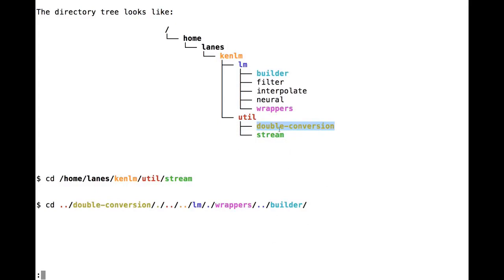The parent of double conversion is util. Thus, ../double_conversion/.. refers to the red node in the tree, whose absolute path is /home/lanes/kenlm/util.